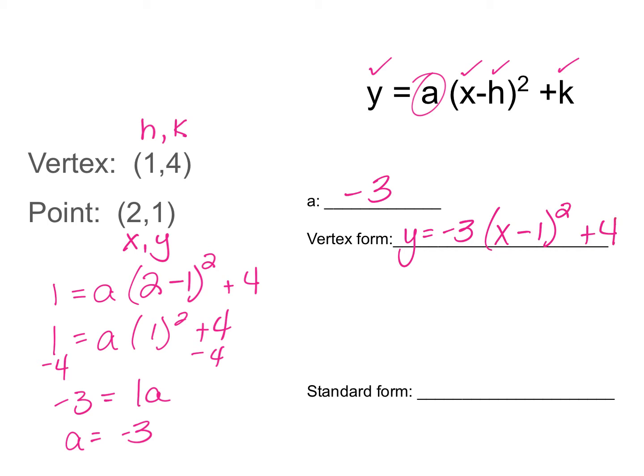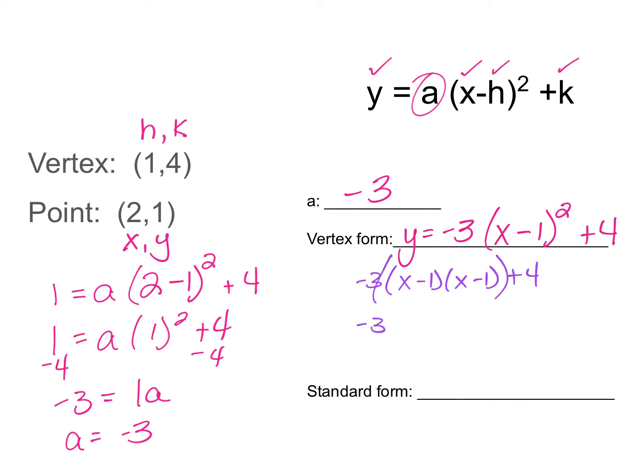So essentially, to write it in vertex form, we have to find the A, and then we can write it in vertex form. Now we're going to take it to standard form, which we've already been talking about. I'm going to switch colors just so we can see the difference. So negative 3 times (X minus 1) times (X minus 1), and of course, plus 4. So this is all times negative 3.